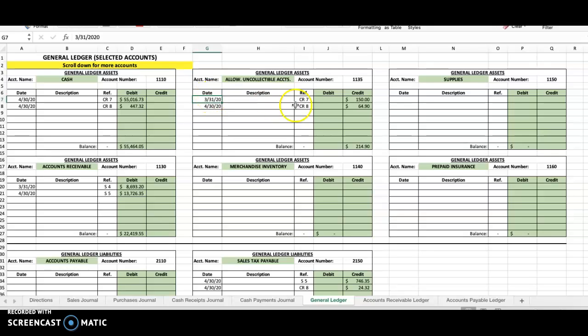March shows a credit of $150. So we expect at some point in time, a total of $214.90 will end up being bad debts. Now we don't know when, and we'll show how this works when a debt truly becomes a bad debt and we have to write off a customer's account. We'll see that in a few moments.